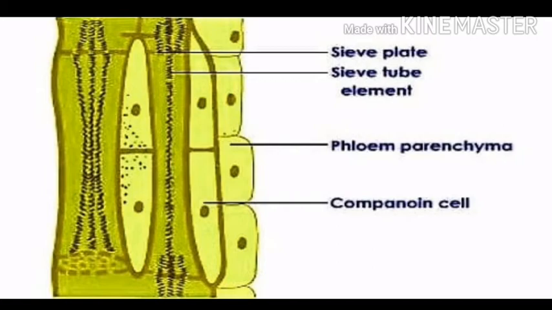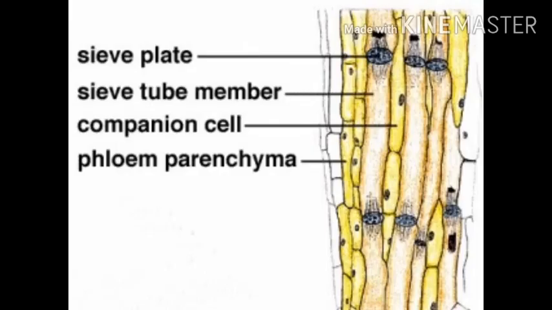Phloem transports synthesized food from the leaves to the rest of the plant body. The transportation of water, nutrients and other materials or minerals from one part of the plant to another is called translocation.